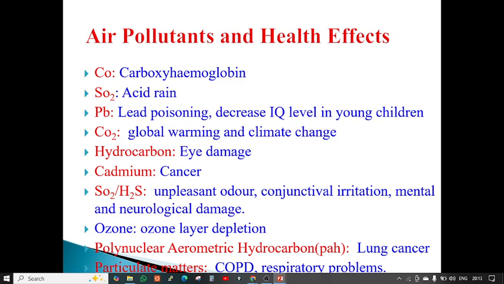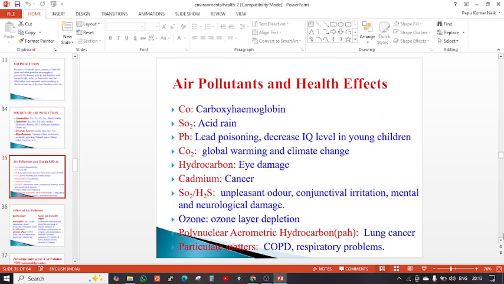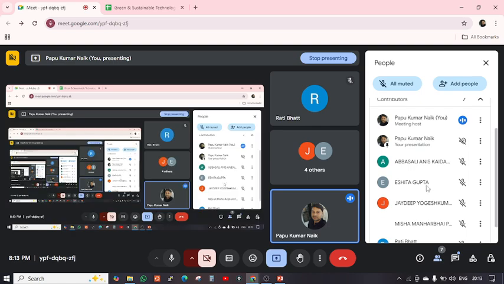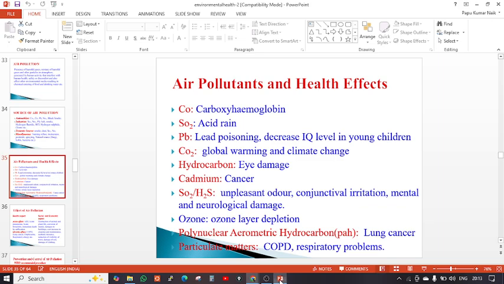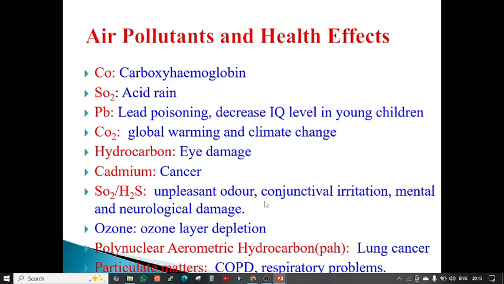So there are different kinds of air pollutants and how they can affect health. Please remember this: carbon monoxide, carbon dioxide, all these are very important, because they can deteriorate health through different mechanisms when we are inhaling them.